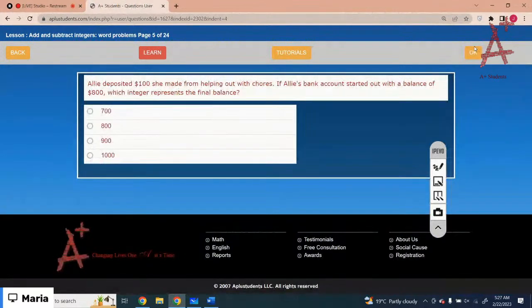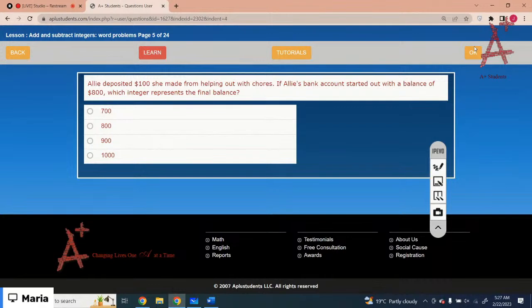Ali deposited $100 she made from helping out with chores. If Ali's bank account started out with a balance of 800, which integer represents the final balance? Deposited means you have to add. So she already had 800, and she deposited 100 more.